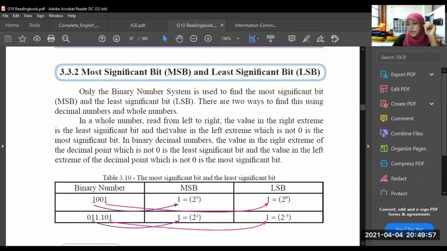In a whole number, read from left to right. The value at the right extreme is the least significant bit, and the value at the left extreme which is not 0 is the most significant bit.